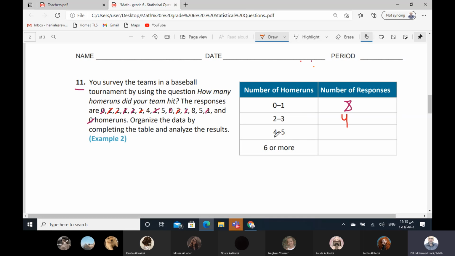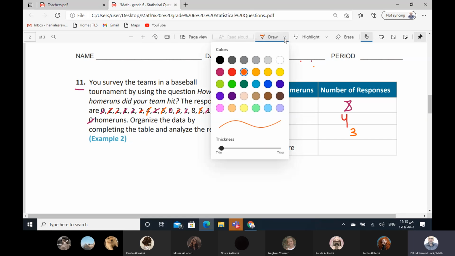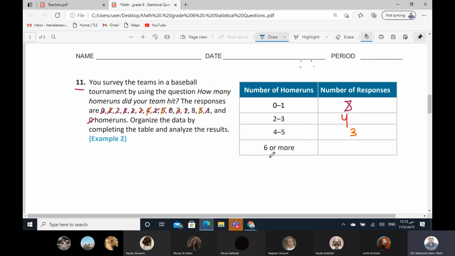Then between 4 and 5, we have here 4, 5. And here we have 5. So 1, 2, 3. Then 6 or more.